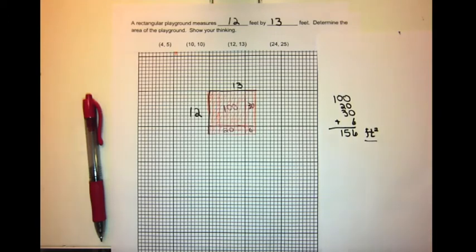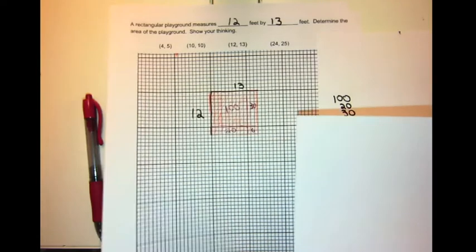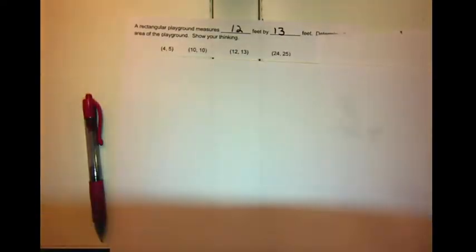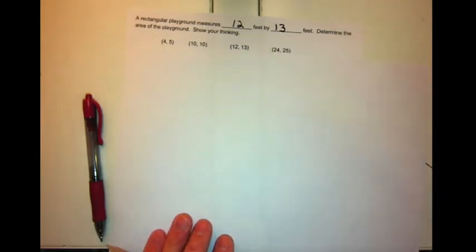A more abstract, yet still semi-concrete way to do this problem is to put the same problem on plain paper and create an area on plain paper.